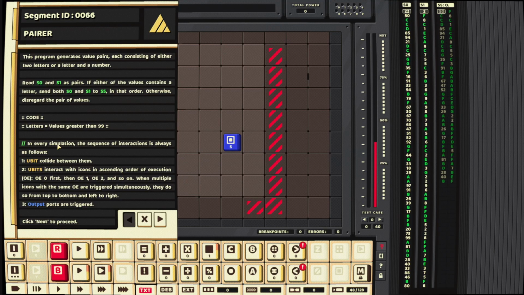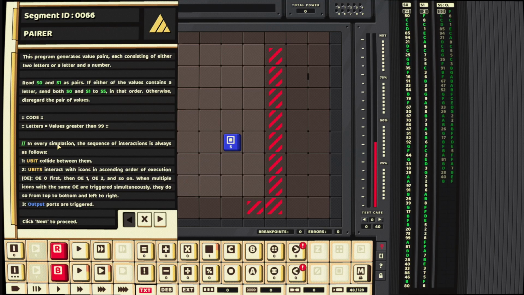Okay, so maybe this understanding might help me take some of my 2-cycle throughput solutions and turn them into 1 cycle if I could understand it better. So first, U-bit collisions are processed at the start of a tick. So like 2 U-bits that are already colliding on the same tile get merged.